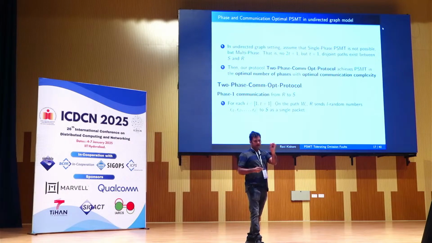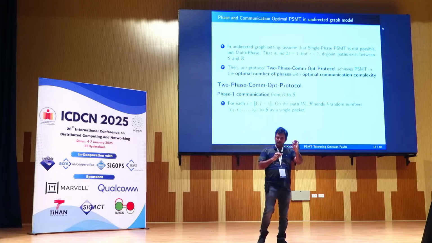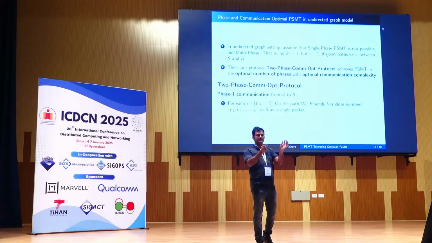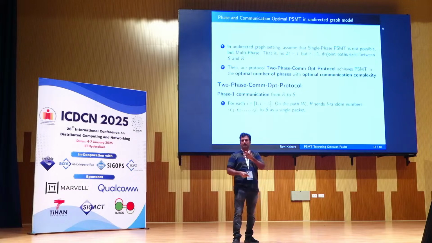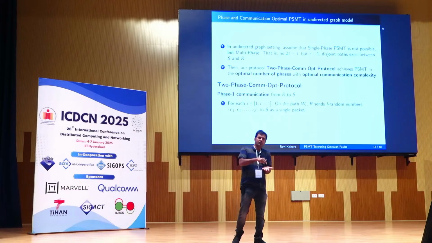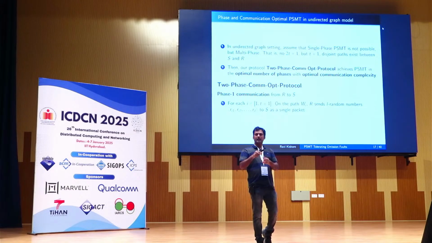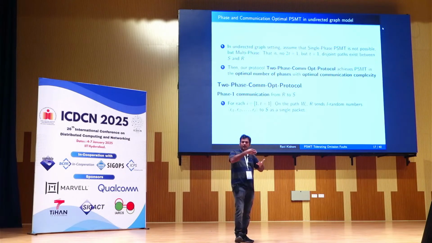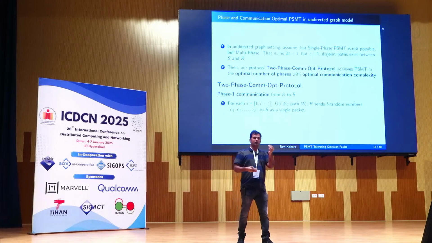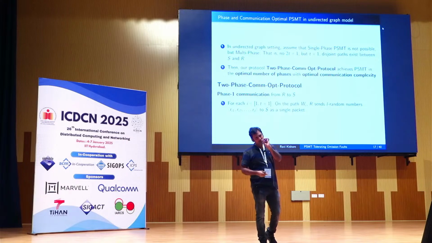Now the sender masks the message with this key as m plus k and broadcasts it using all the T plus 1 paths to the receiver. But unfortunately now the receiver doesn't know which random numbers the sender received and which actually contributed to the key.